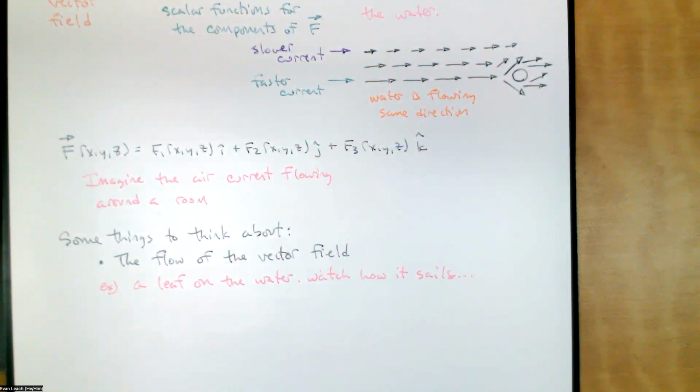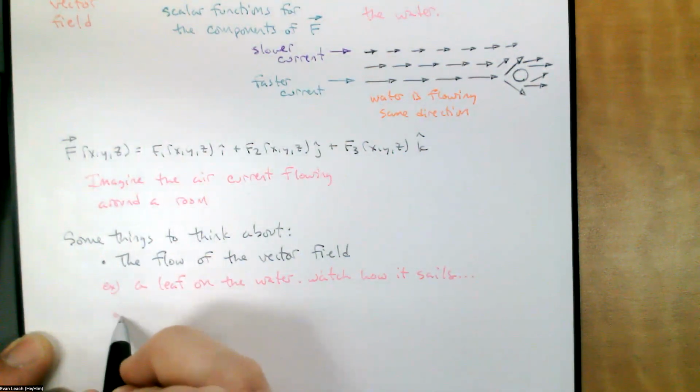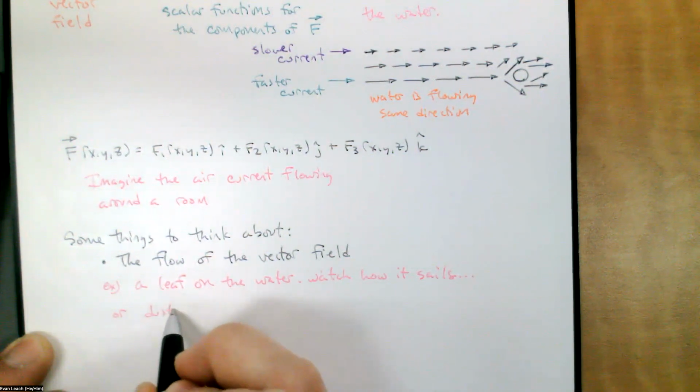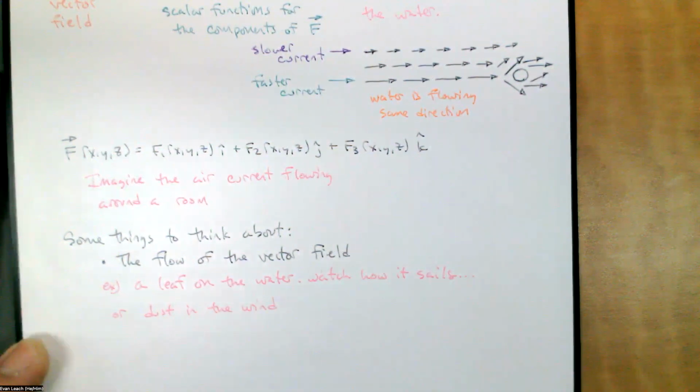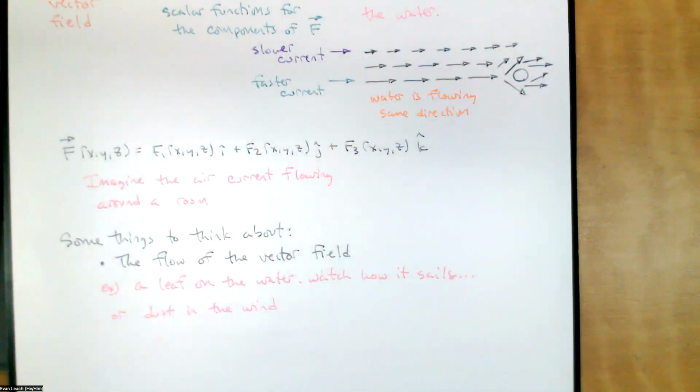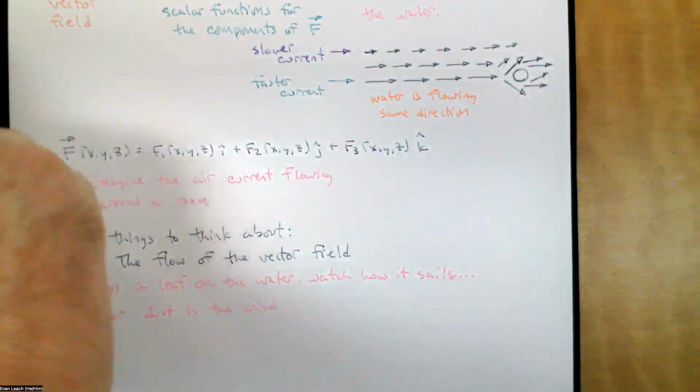It'll be a bunch of different paths, depending on where we start. There'll be a bunch of different paths that that piece of dust might follow. So there's dust in the wind. The dust and the leaf just follow the path of the vector given by the vector field.